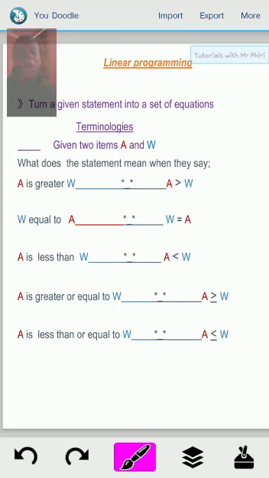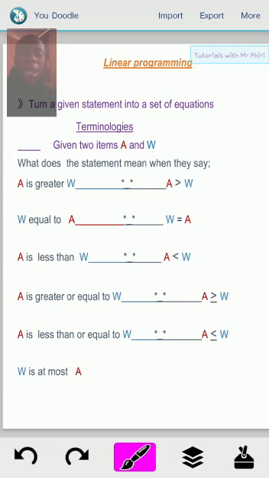Now let me also introduce two terms that really confuse people. Let's say you are told that W is utmost A. What this means is that W is less than or equal to A. Utmost A is very common, so you need to look out for this statement.